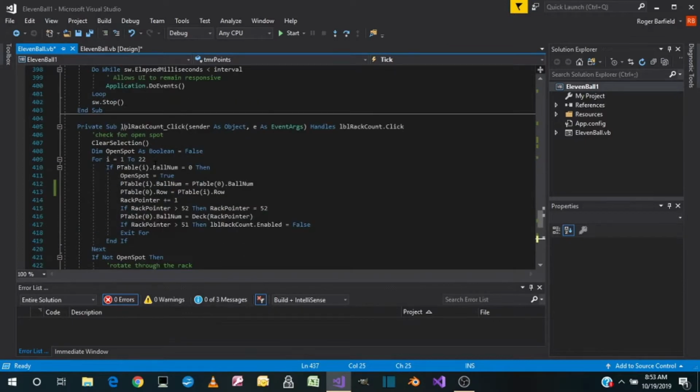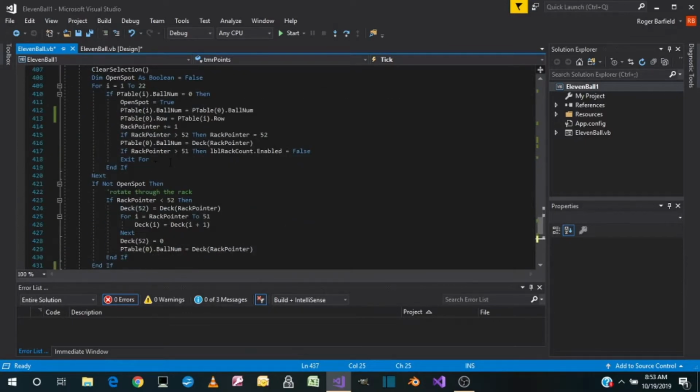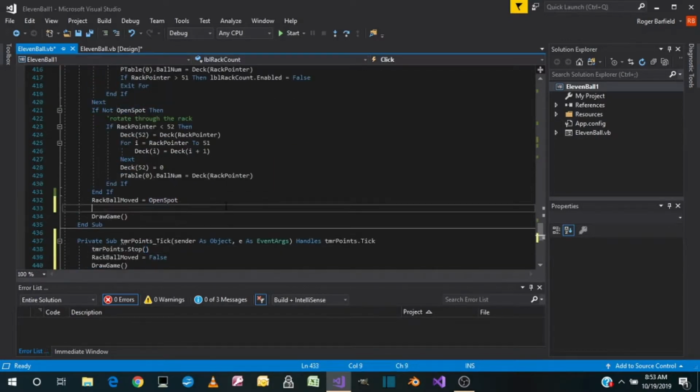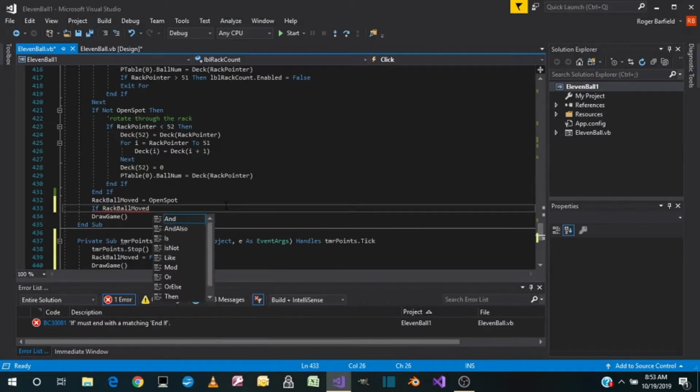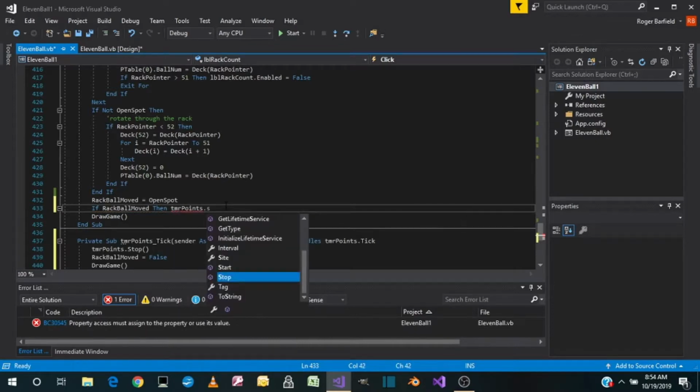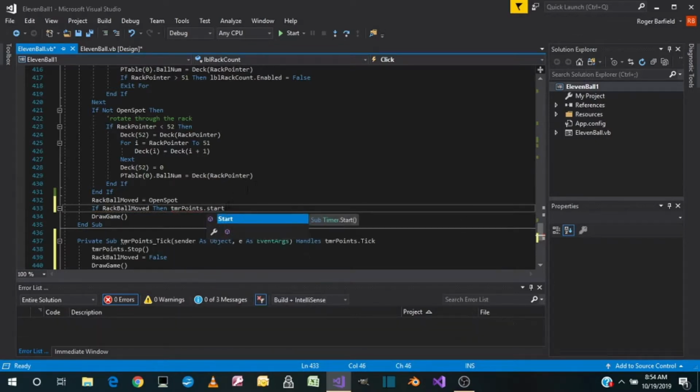And up here on the rack count where we set our flag, we'll start our timer.